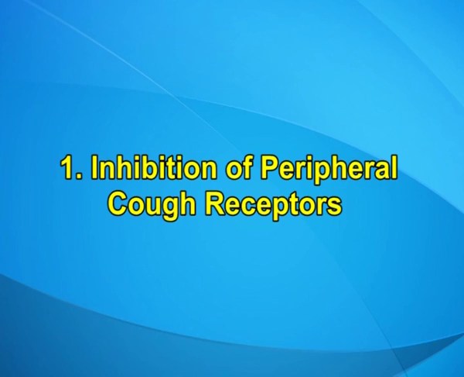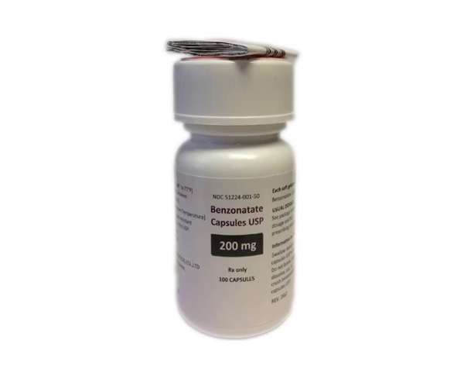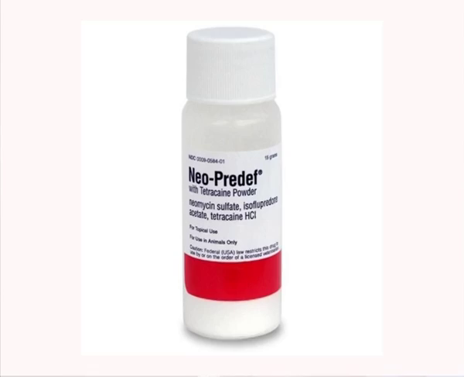According to the way of exerting antitussive action, these agents can be grouped into the following classes. First, inhibition of peripheral cough receptors. This class includes several local anesthetics or related drugs. The prototype is benzonatate, which is also a central antitussive, but other related compounds like alocalamide, oxolamine and prenoxdiazine act in the same way.